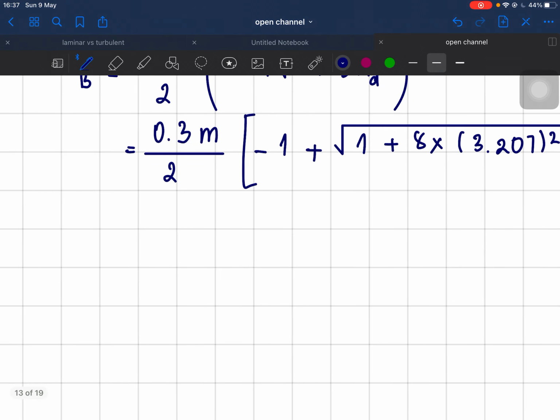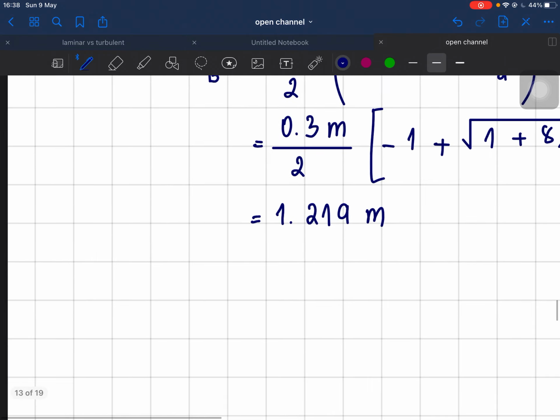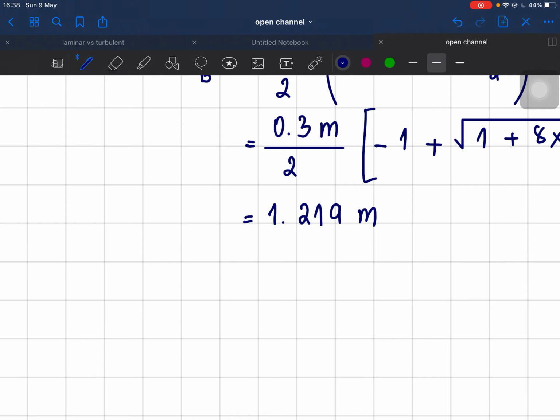So now let's compute this together. 0.3 over 2 times 1.2188, 1.219 meter. So this is the downstream depth of the jump.